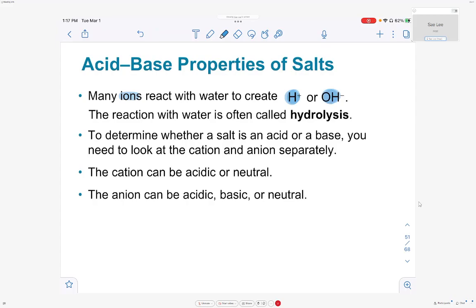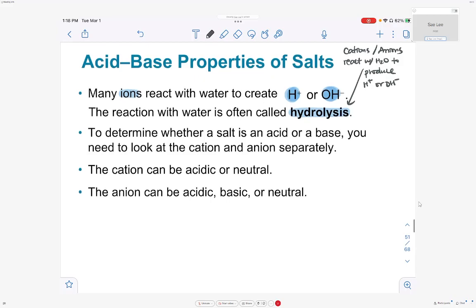This type of reaction, where cations or anions react with water to generate proton or hydroxide, is called hydrolysis.